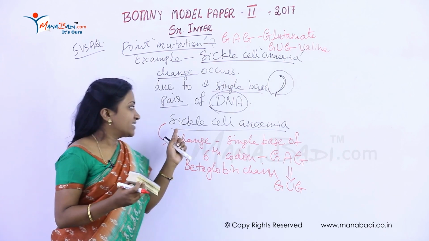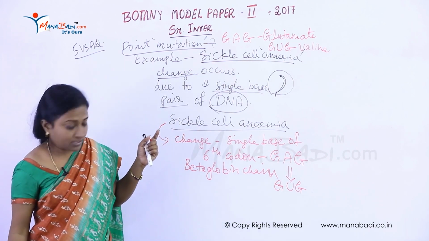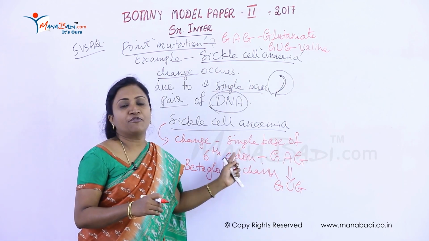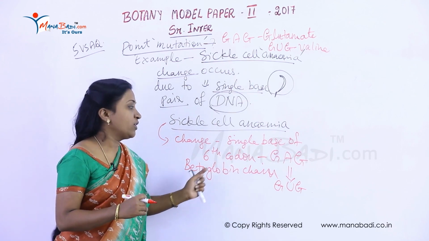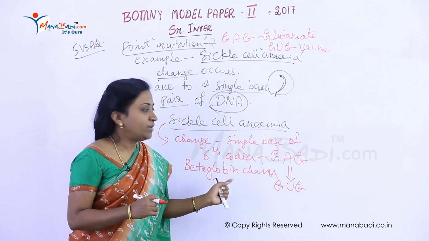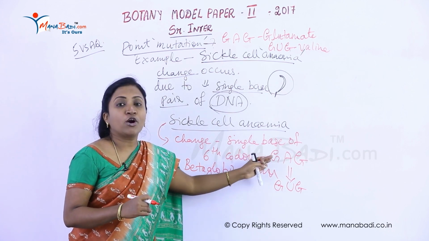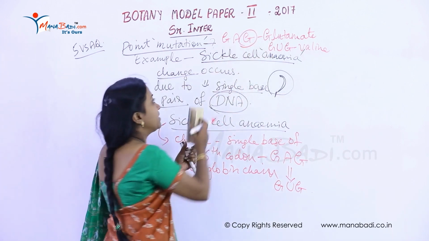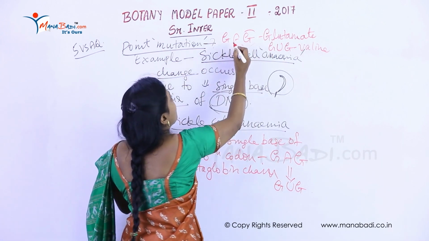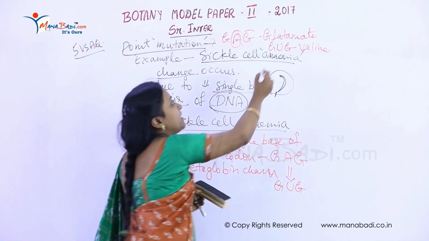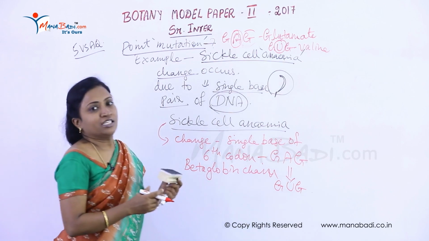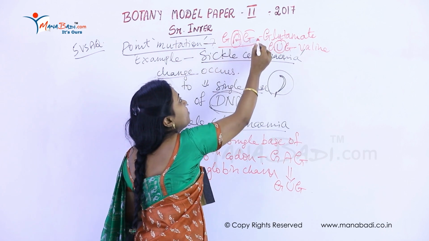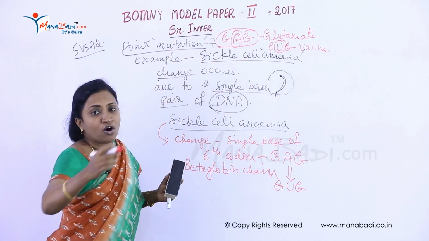So sickle cell anemia occurs due to the change in the single base pair of the sixth codon of the beta globin chain, where the codon has been altered. The single base pair, adenine, has been changed to U, uracil.